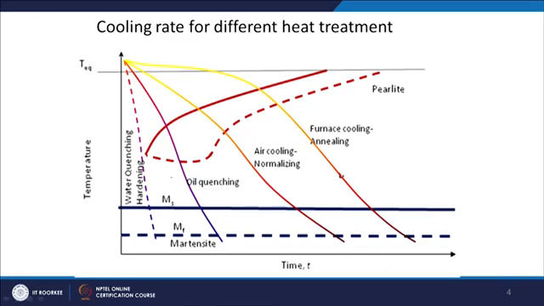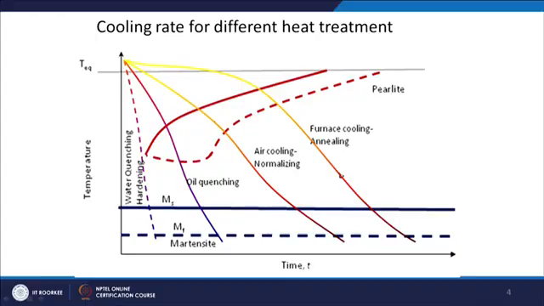So, it will not be a complete transformation into one phase, some portion will be martensitically transformed, some portion will be transformed into pearlite. For air cooling and furnace cooling, you can see that it has crossed the start temperature and end temperature. So, in this case the transformation is complete, whereas in the oil quenching case it is not.